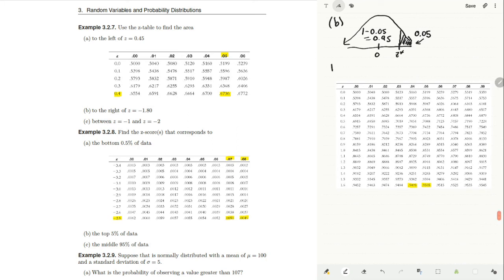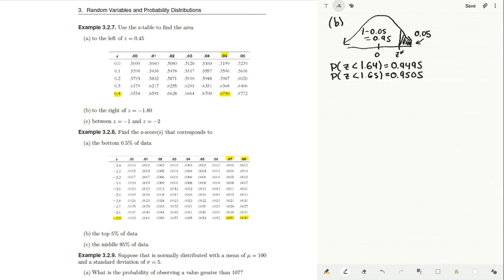So the area to the left of 1.64 is 0.9495, and the area to the left of 1.65 is equal to 0.9505.